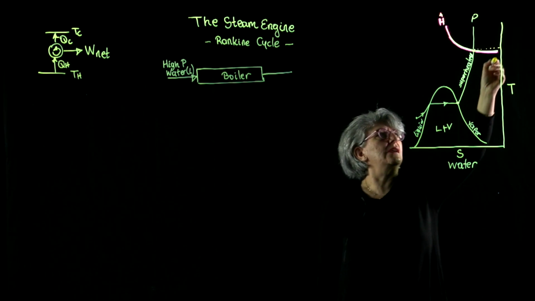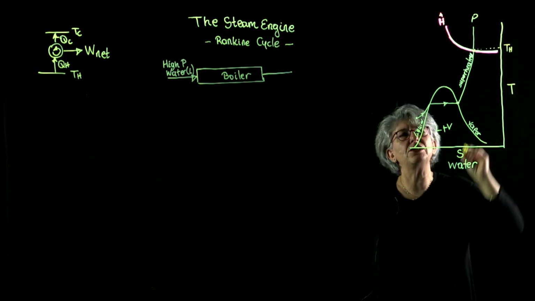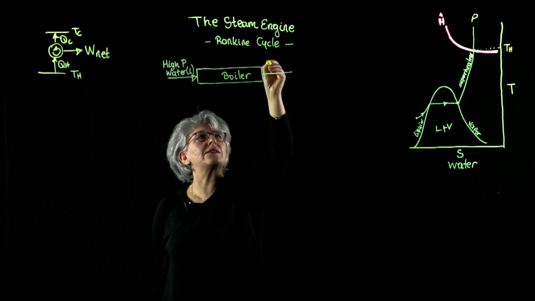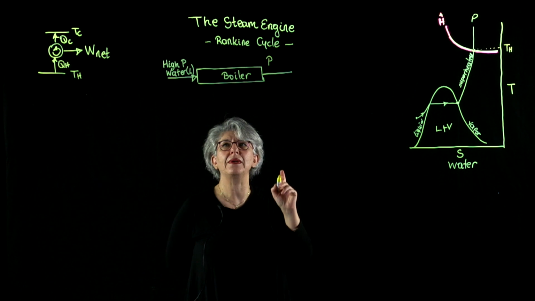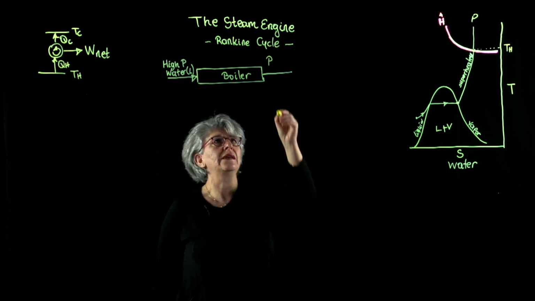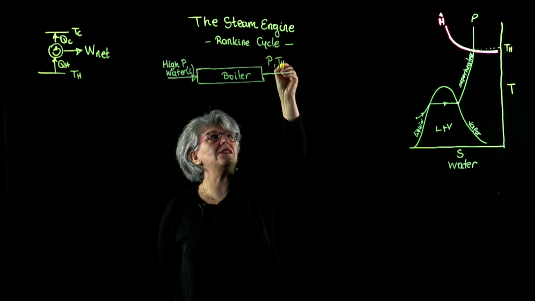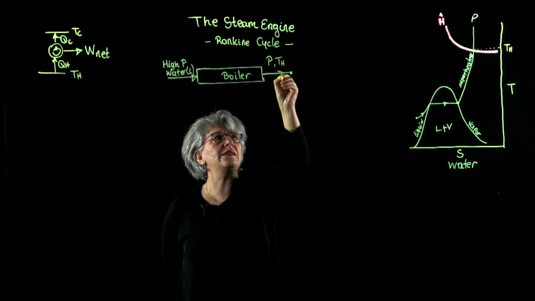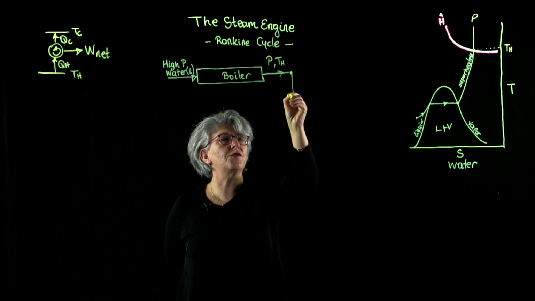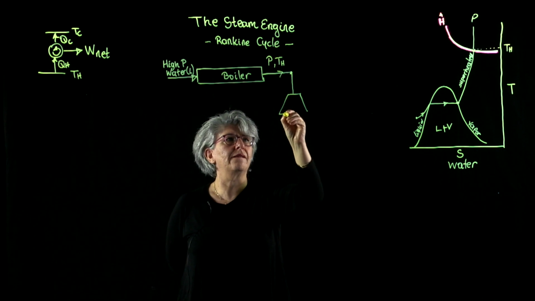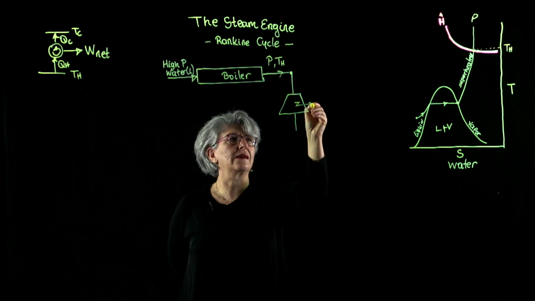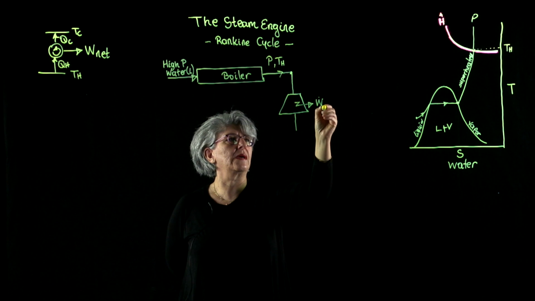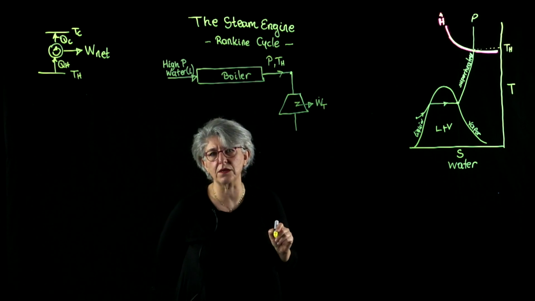So let me label this as T sub H. Here our boiler delivers the steam at this high pressure P and the temperature of T sub H, and this is now being transferred to a turbine where we obtain work. And this is the work that we obtain from the turbine.